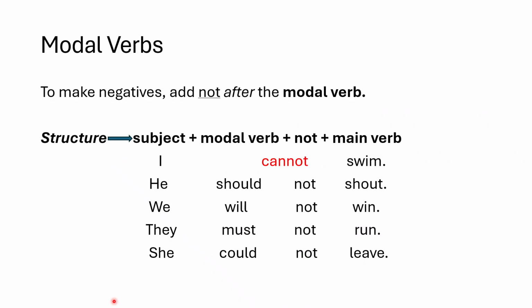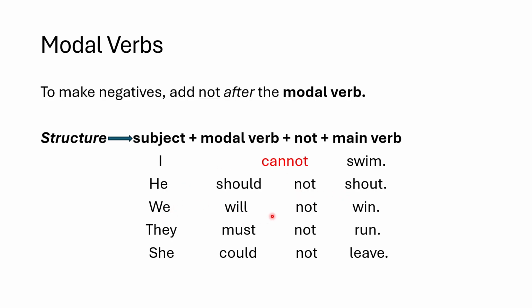To make negatives, add not after the modal verb. The structure: subject plus modal verb plus not plus main verb. I cannot swim. He should not shout.